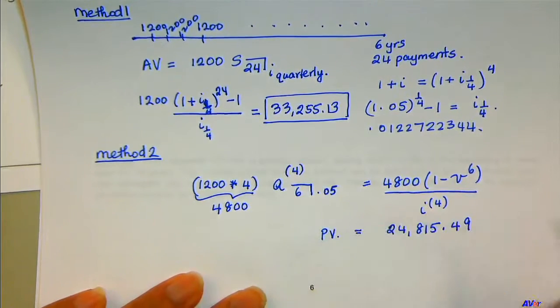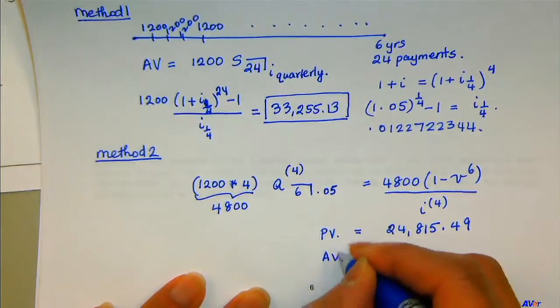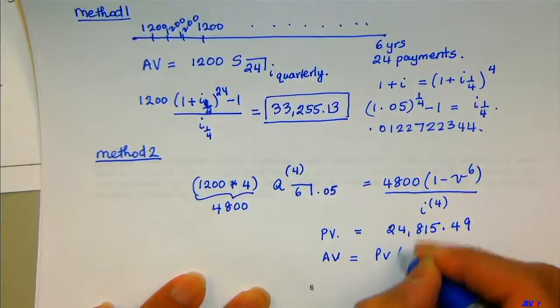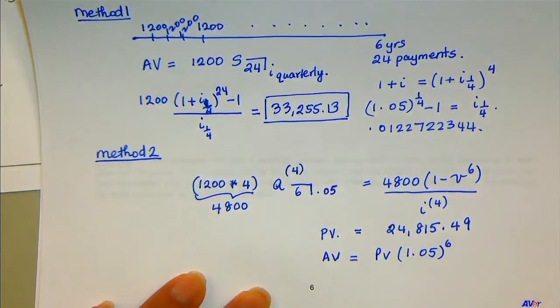I don't want the present value, I want the accumulated value. So what should I do? Present value times 1.05 to the 6th power. Make sense or not? Same answer.